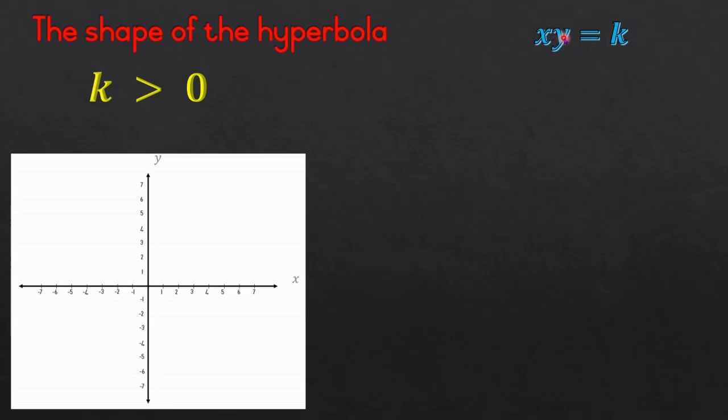So the only way to get a positive answer is if x is positive and y is positive. Therefore, our first branch can fall there. Our second one is if x is negative and y is also negative, because negative times negative is positive, and positive times positive also gives us a positive value. And there you go. Please, this is very good theory to have and you will use it until matric.